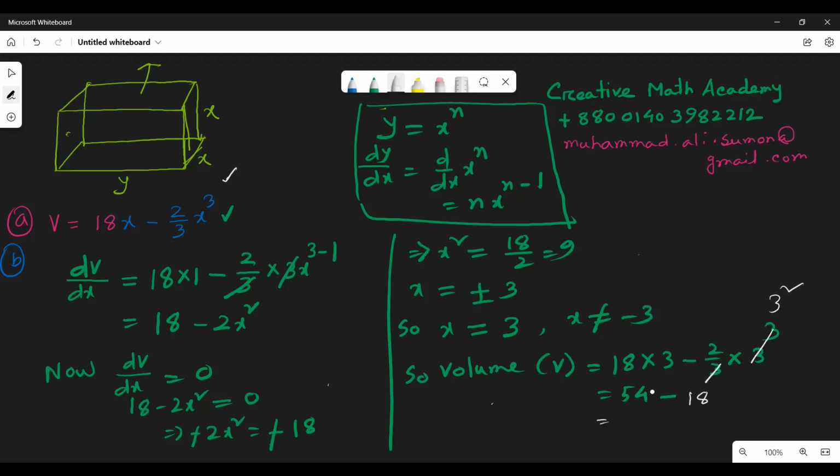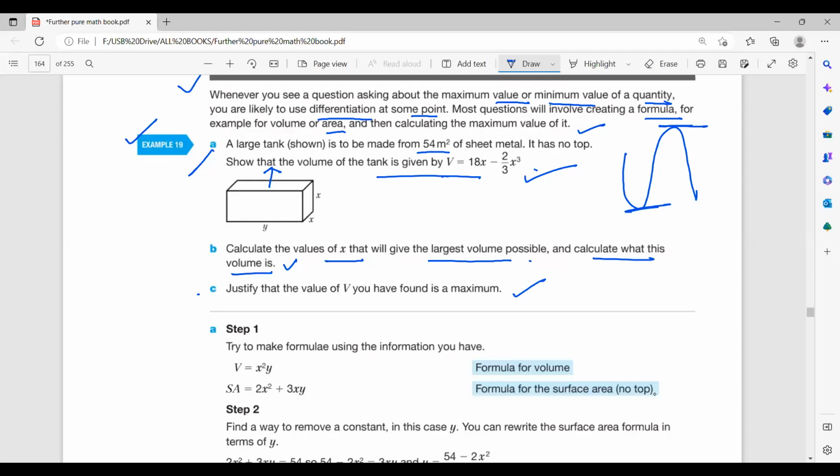So it will be 36. So V equals 36 meter cubed. Okay, let us check the unit. Yeah, so we get the volume 36 meters.